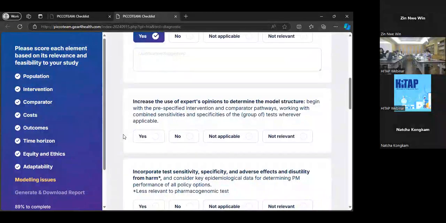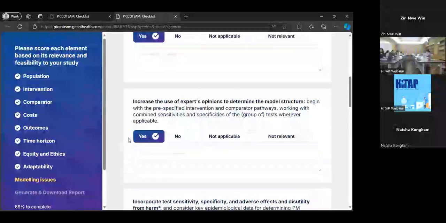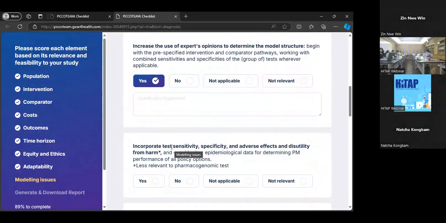Well, for the modeling issues, we already mentioned that we will increase the use of expert opinions in determining the structure, which should be already determined once you have identified the interventional and comparator pathways. But one thing very important for precision medicine is that it's associated with a lot of decision uncertainty. So precision medicine is a test to support clinical decisions on treatment, diagnosis and screening for other populations.